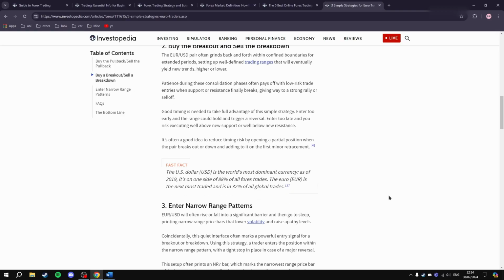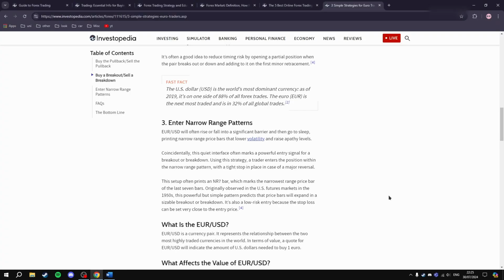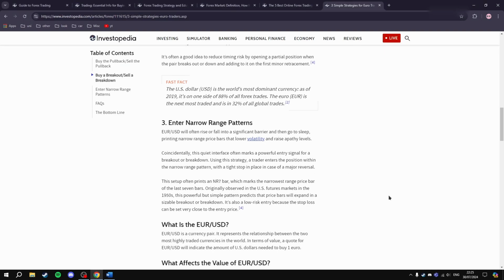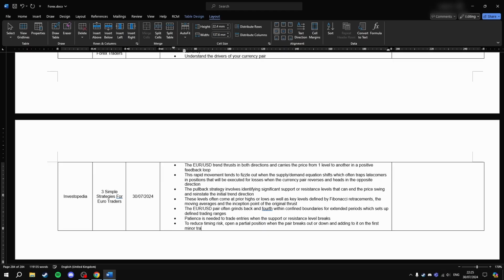Good idea to reduce timing risk: open a partial position when the pair breaks out or down and add to it on the first minor retracement.